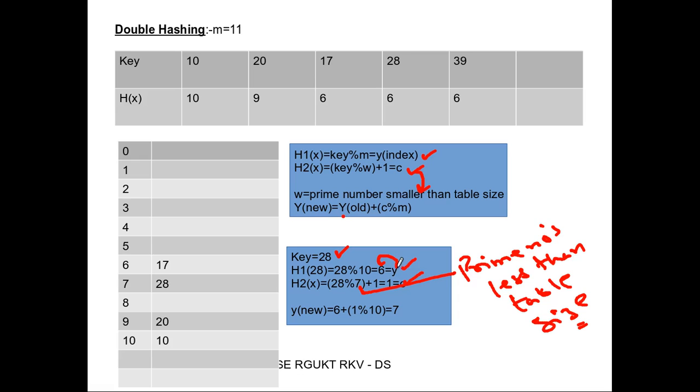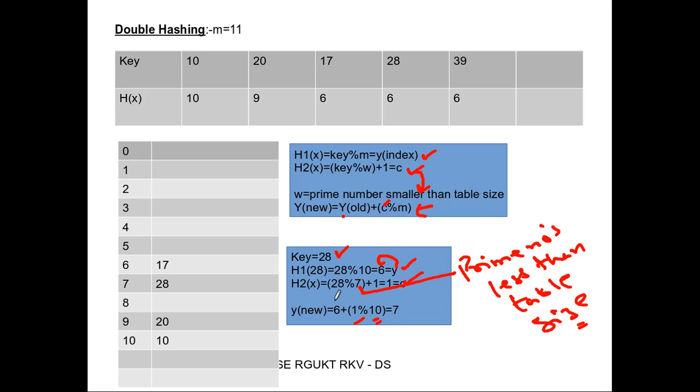So we have a variable called y and a variable called C, and we pass them to the third equation which calculates the index. So the new index is 6, that is your old index, plus C, mod the size of the table. Why do we do this? Just to check whether the total addition exceeds the size of the table or not.